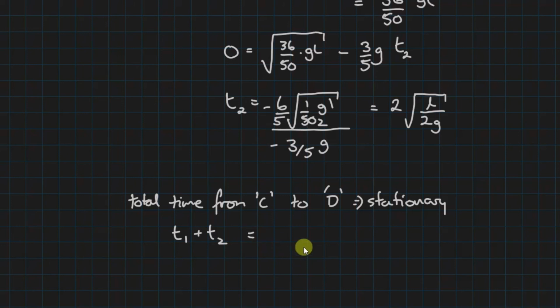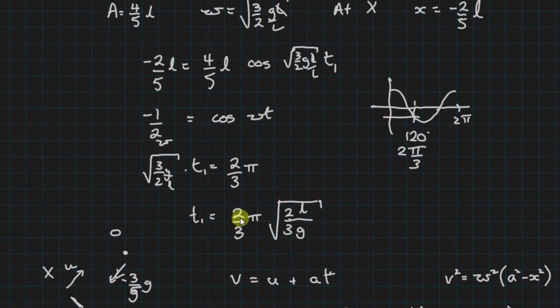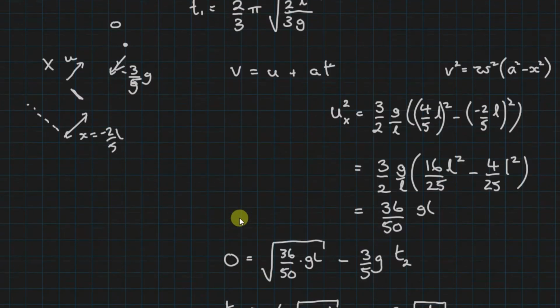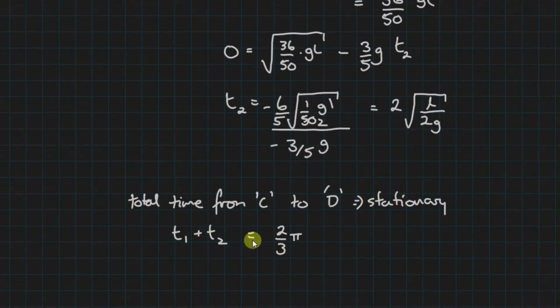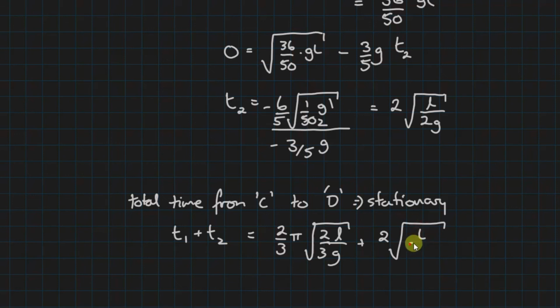T1 was 2/3 pi, 2/3 L over g, all square rooted, plus my 2 square root of L over 2g.